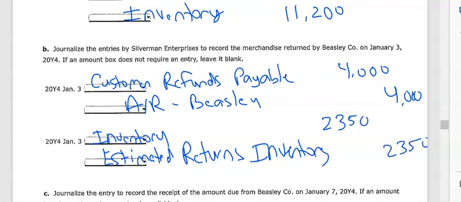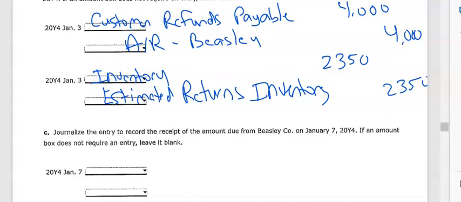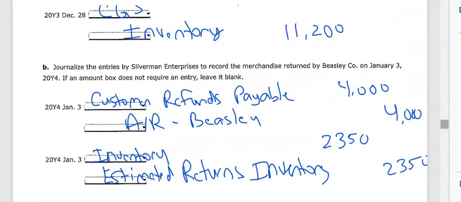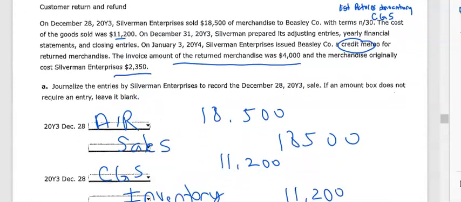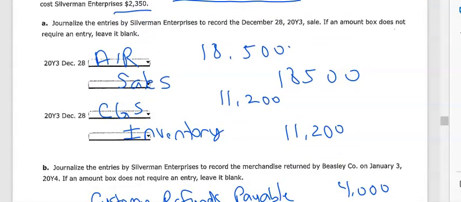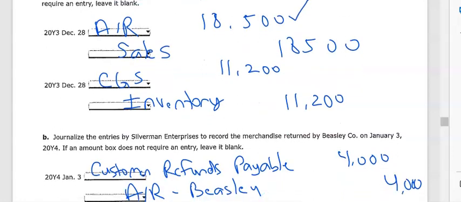Okay, now journalize the receipt of the amount due from Beasley. On the very first entry, what did we put into their accounts receivable? $18,500. This was the first thing we did. We debited accounts receivable for $18,500.